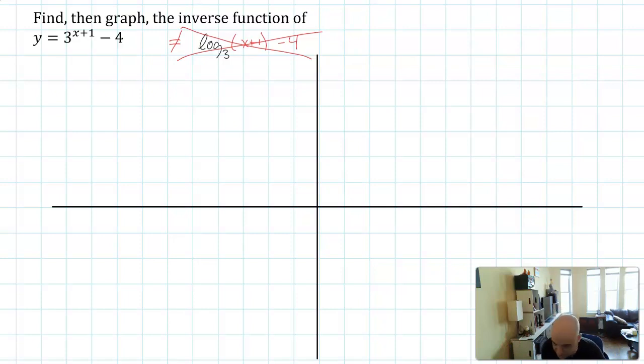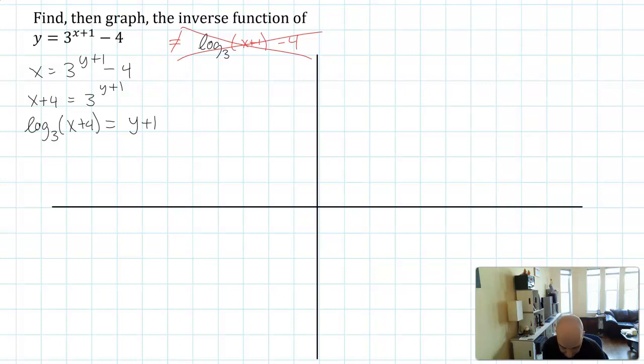So the first thing we'll do is switch y with x. And then we have to solve this for y. So we're going to add 4. Now we can convert to log base 3. So it becomes log base 3 of x plus 4 equals y plus 1.